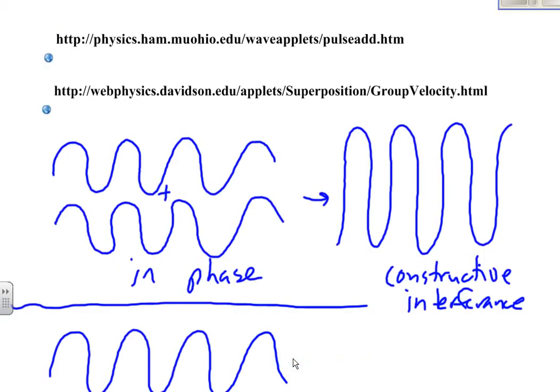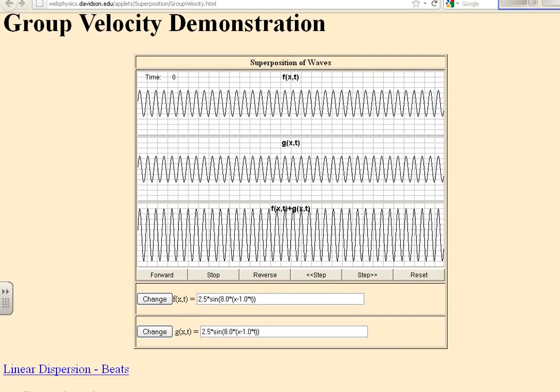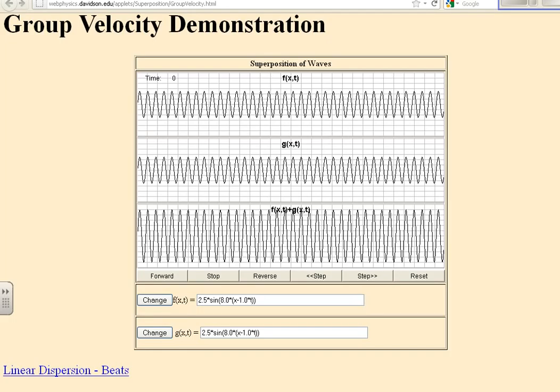All right, another way of looking at that, though, is if we look at two waves together. So here, the top wave function, f of x, t, and the second one, g of x, t, those two are currently in phase. And so if we look at those, we see that the addition of those two wave functions on the bottom results in an amplification of the wave.